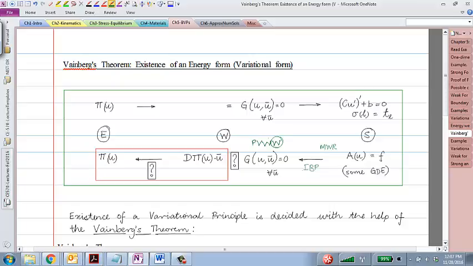We also got to the same weak form by starting with the energy functional pi, and we did minimization, and we found that when we minimize the energy functional in the direction of some virtual displacement, we get to the same PVW weak form. So you can go from the strong form to the weak form by doing integration by parts and method of weighted residuals, or you can start with the energy form, do minimization, and get to the same weak form.